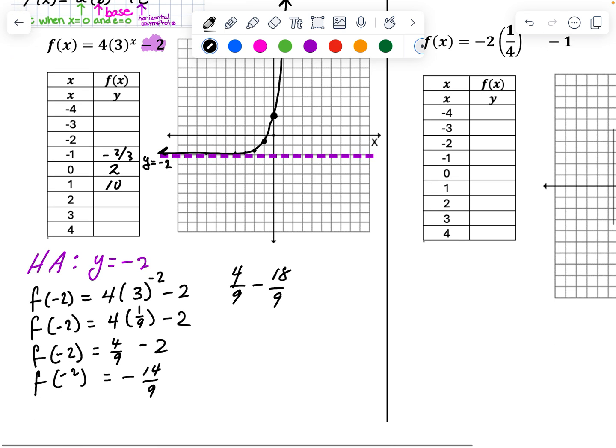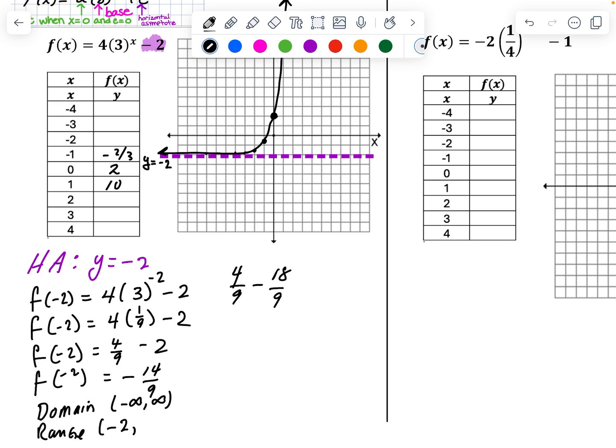So our domain was negative infinity to infinity. Our range is negative 2, right? Yes, negative 2 to infinity. And our end behaviors, so the left-hand side is going towards negative 2, and our right-hand side is going up towards infinity.